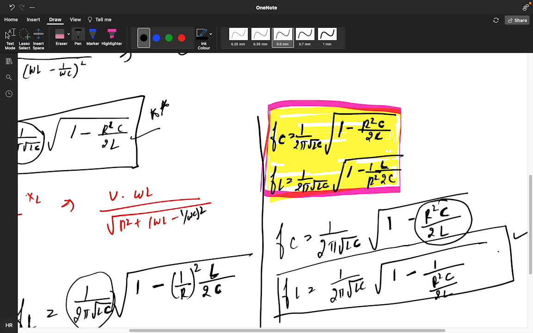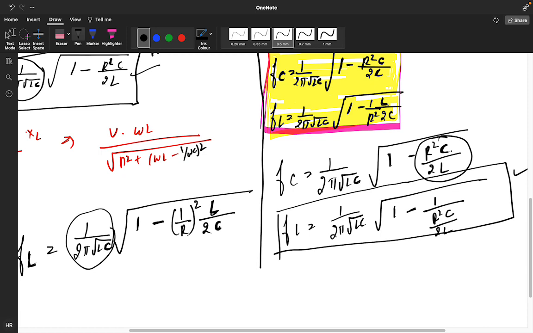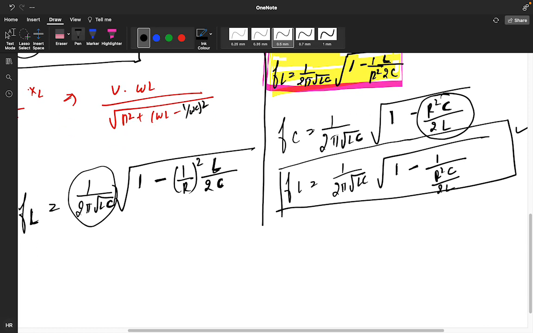So if you know one of these, you can get the other.